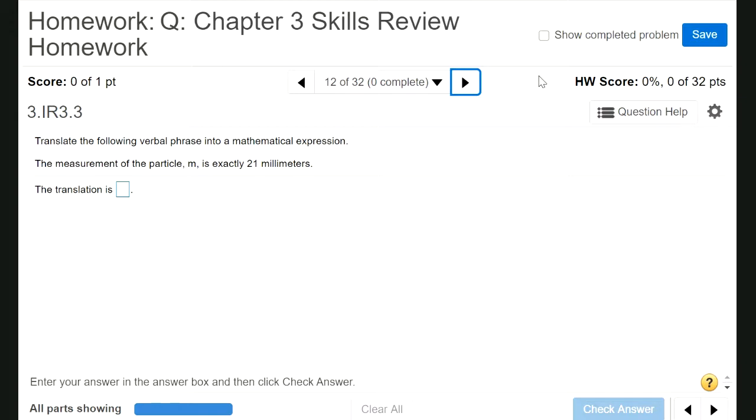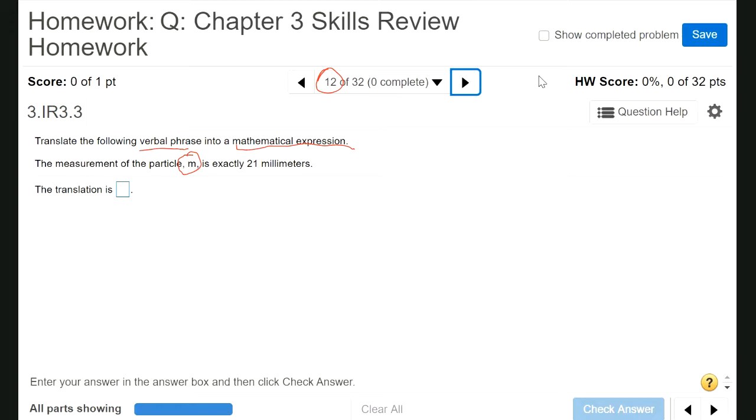All right, guys. So there's several questions. This one happens to be number 12. There's about 3 or 4 of these in the skills review where it wants you to translate the verbal phrase into a mathematical expression. So this is going to involve figuring out what symbols to use for things. It says the measure of the particle m, so they're telling you what variable they want you to use for the measurement of the particle.